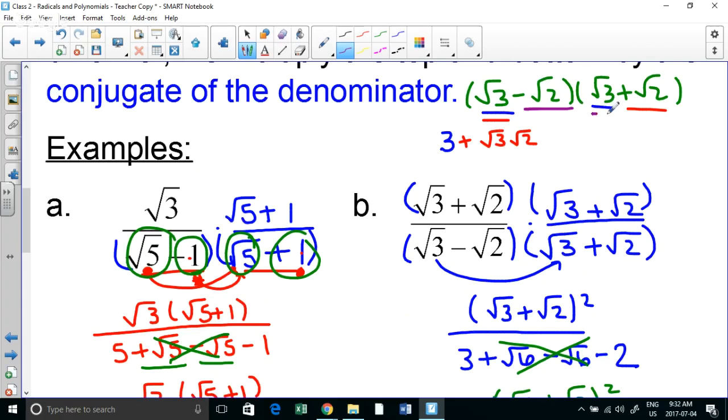I have this something times this something, which is minus the root of 2, root of 3. Finally, I have this one and this one, minus 2. So I have the 3, I have minus 2. The root of 3, root of 2, gives me the root of 6. Same thing here, minus the root of 6.